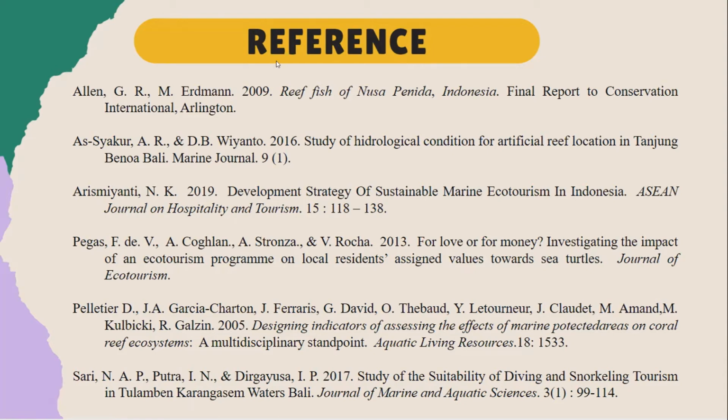Okay, then I have a question. Today you have talked about the biodiversity and some physical and chemical parameters for ecotourism. I'm very impressed by the beautiful scenery of Indonesia.